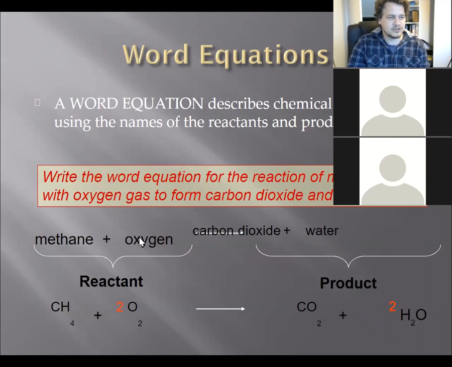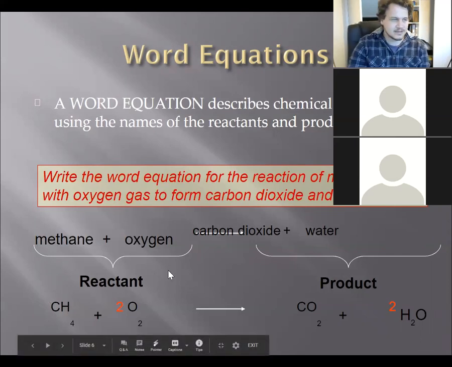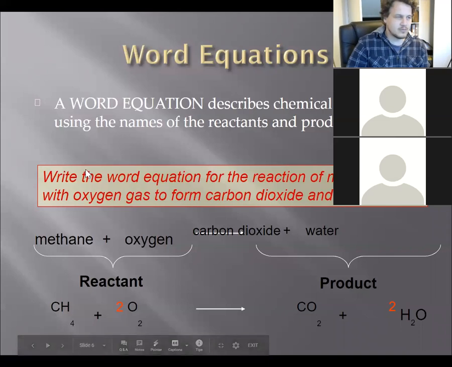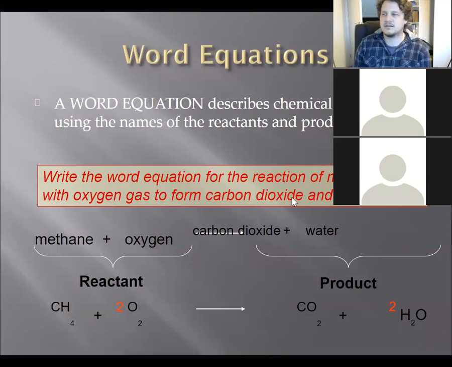Methane plus oxygen equals carbon dioxide and water. This is the intermediate step where we go from a big long sentence to 4 words and some symbols. On the left-hand side, we have the reactants.